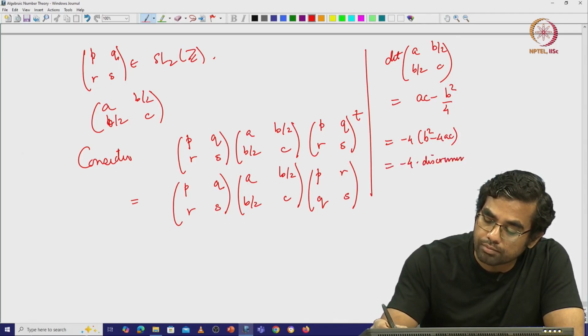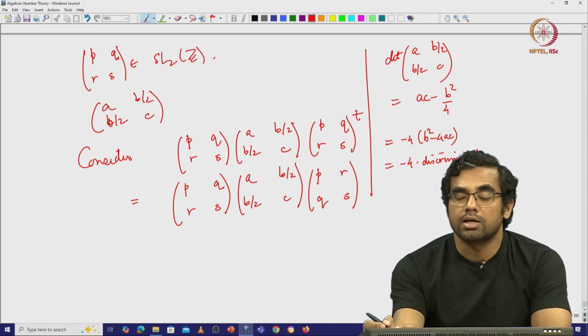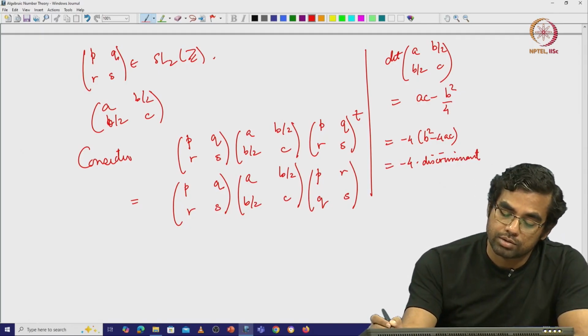So the determinant of the matrix has a very simple relationship with the discriminant.